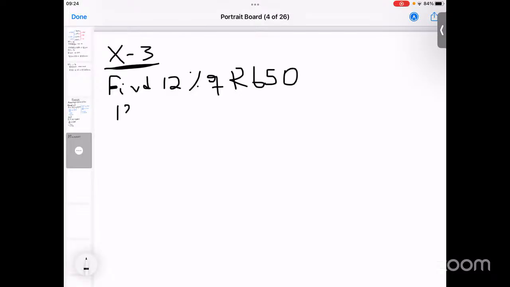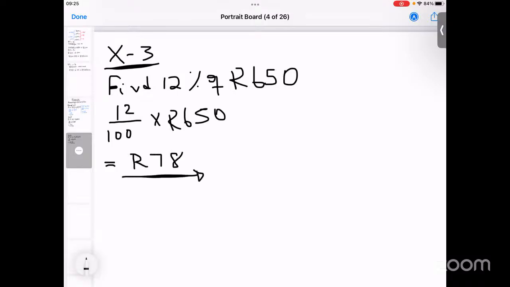So that means it's going to be 12 that you divide by 100 and you multiply by 650. Trust me when I say the answer will give you 78 rands. So you write it as 78 rands because it is the money that you are working with.